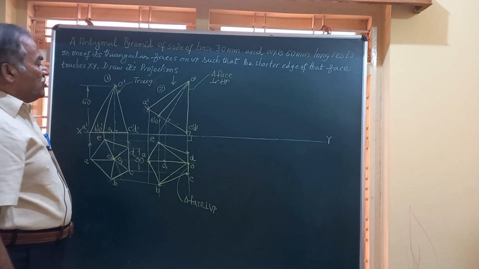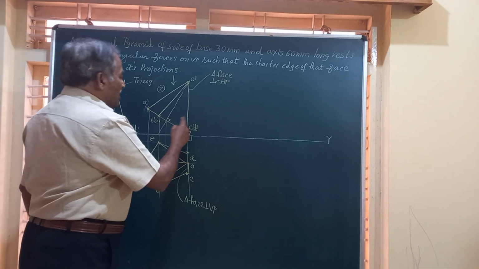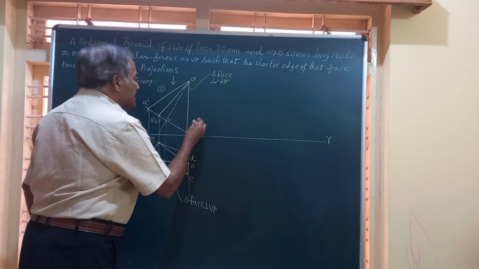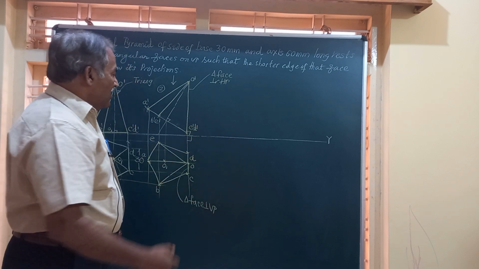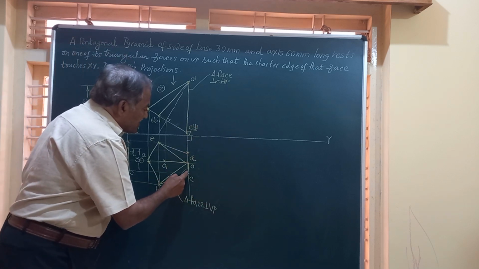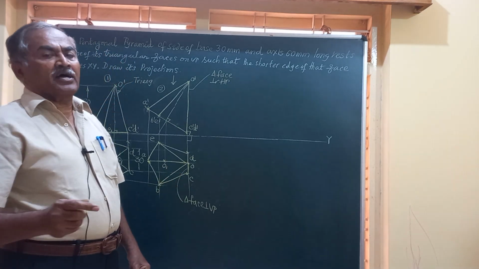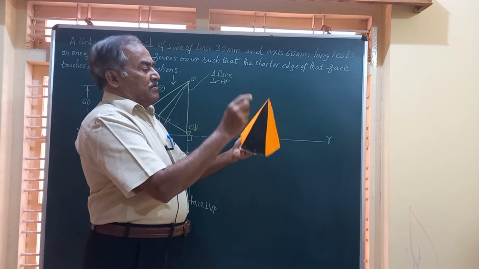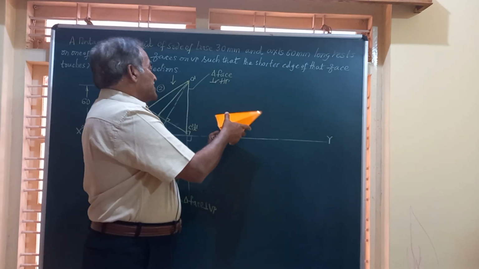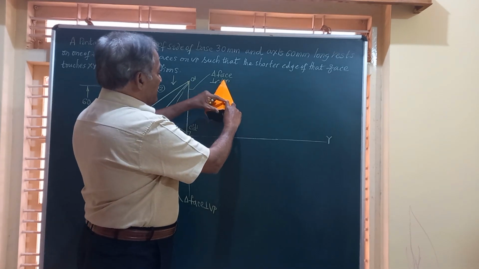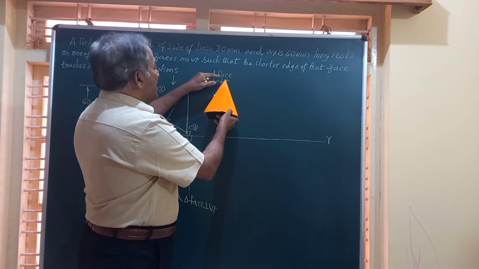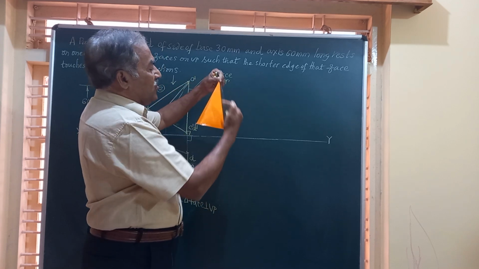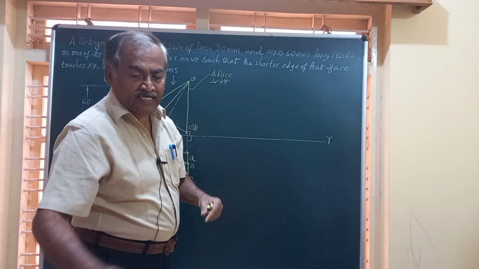Friends, what I do now, this shorter edge, that is CD, should be on XY, or the triangular surface COD should be on XY, because when you place this pyramid with the triangular face touching the wall or the VP, friends, then I should get all these points O, C and D on XY.